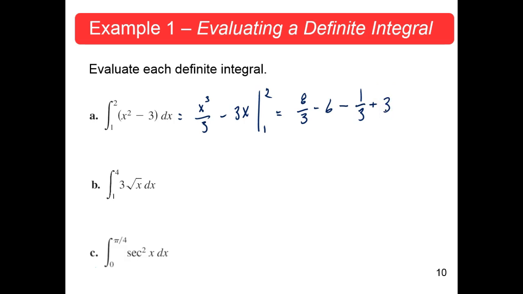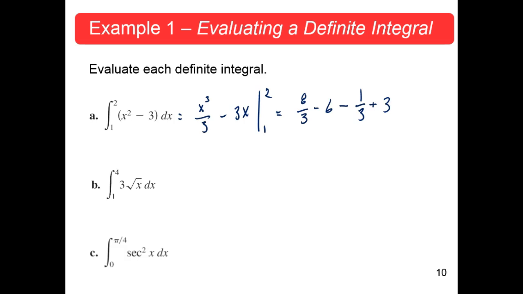Now, warning, these little signs here are going to sneak out there and trip you up as often as they possibly can. So take your time, write them out, don't rush them, because here's a minus that was here, and when you do the lower one, this becomes a minus, and that becomes a plus. So however it takes you to do it, if you need an extra step there, put it in.